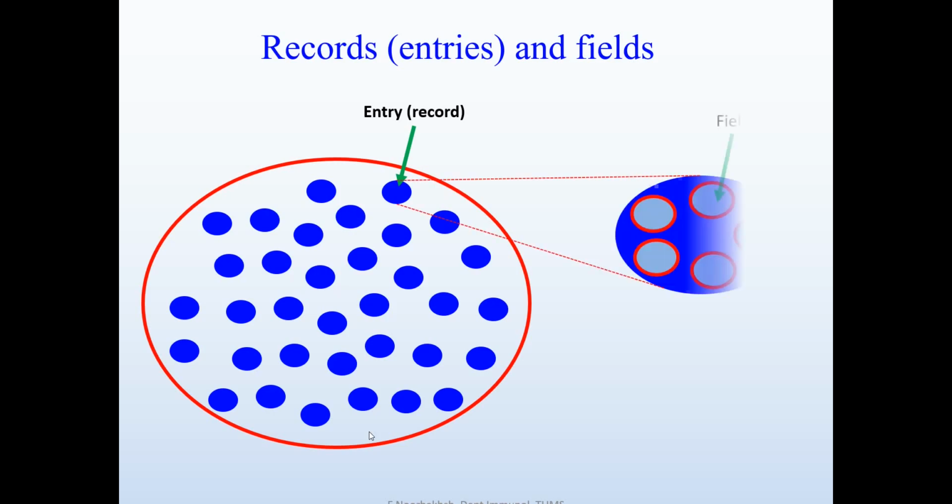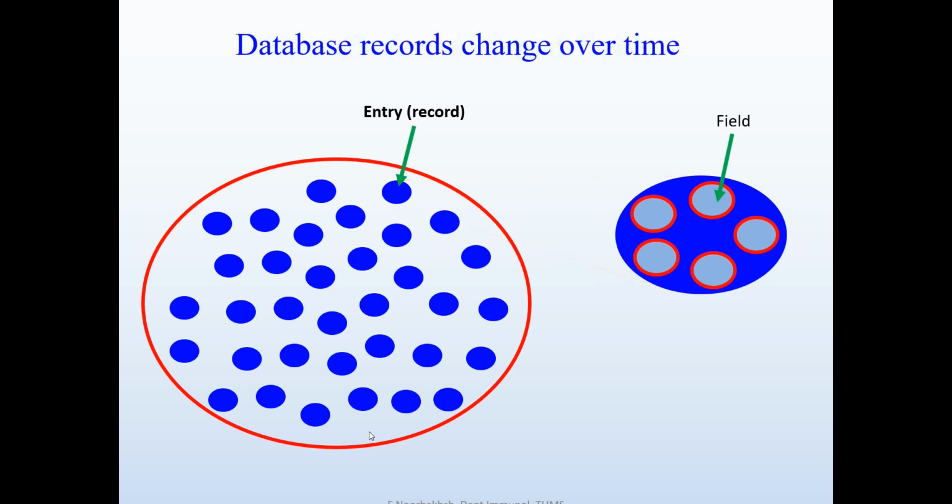So if you open up each record, you see that that record has multiple parts, and each of those parts is called a field, and each field covers a certain type of information. So that's usually the way that databases are organized. They contain many entries or many records, and each record usually is composed of multiple fields. And you see this very often in many different databases.